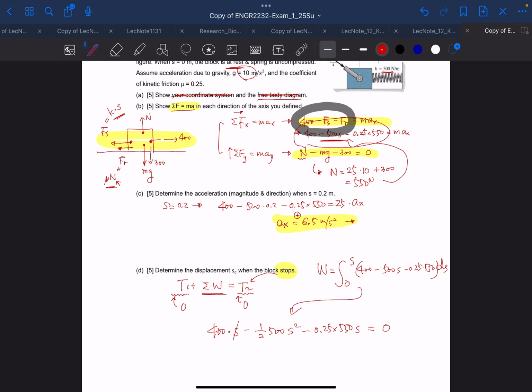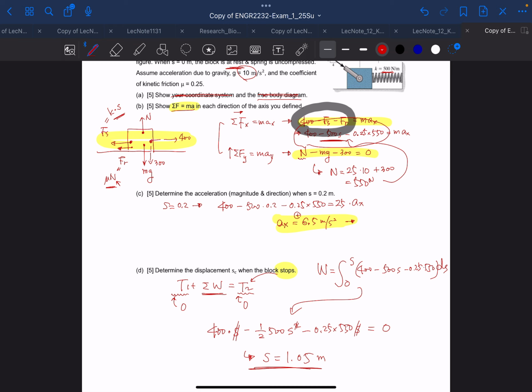So from here we can get rid of one of the s by dividing both sides. And from here, if you do the math, s is going to be what? Should be 1.05 meter there.